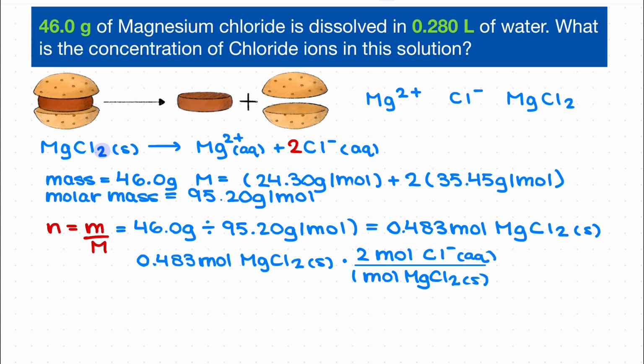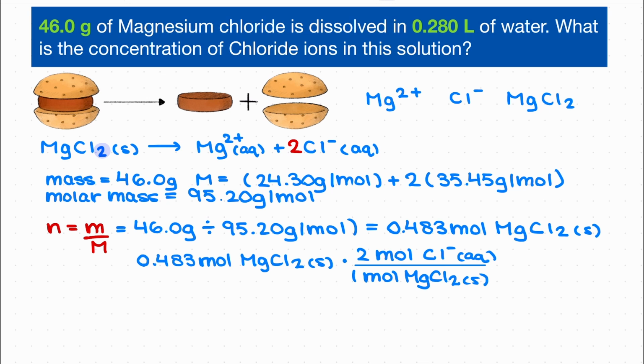Now, why is that? Well, let's take a look at our hamburger example. One hamburger is made from a hamburger patty and 2 buns. So that means that I have 2 buns for every 1 hamburger I have. So just for every 1 magnesium chloride I need to have 2 chlorine negatives, which means I have twice as much chlorine negatives as the amount of magnesium chlorides that I have.